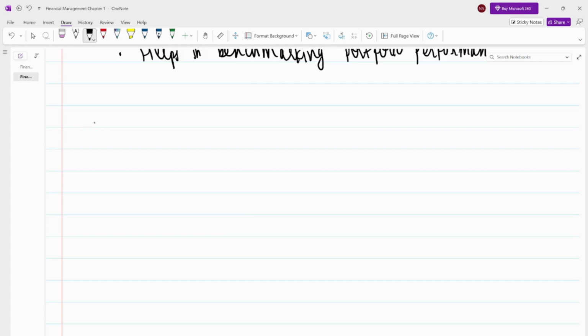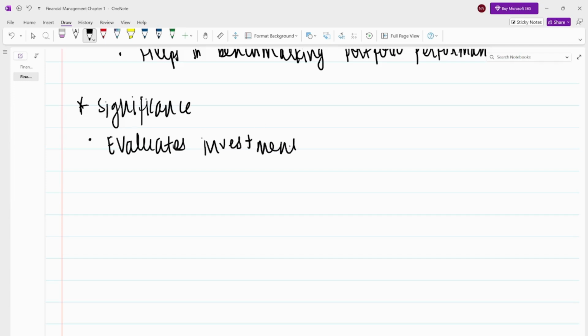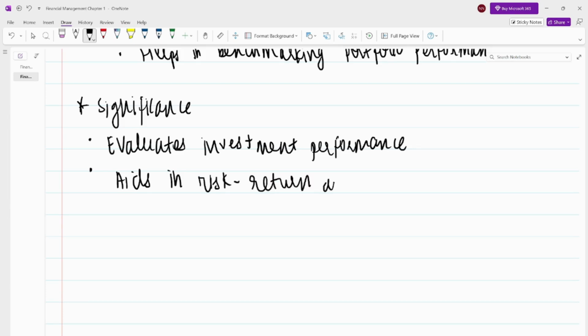So what exactly is the significance of measuring returns? So first one, it evaluates investment performance. Second, it aids in understanding the risk return analysis.